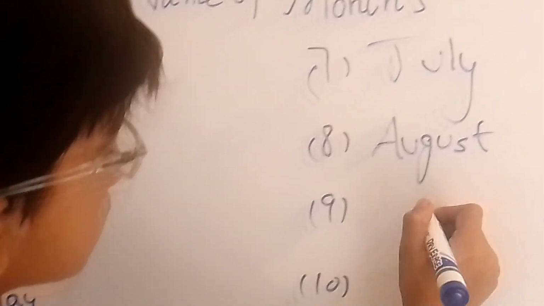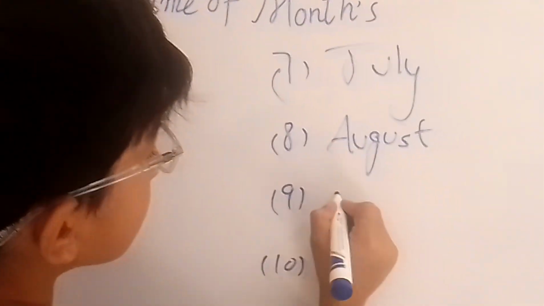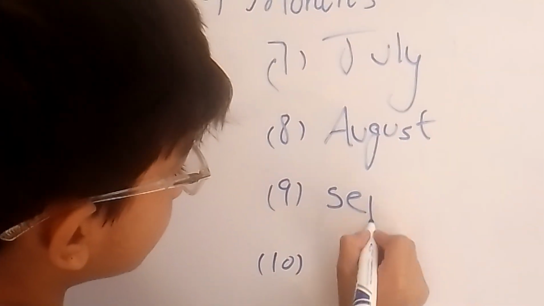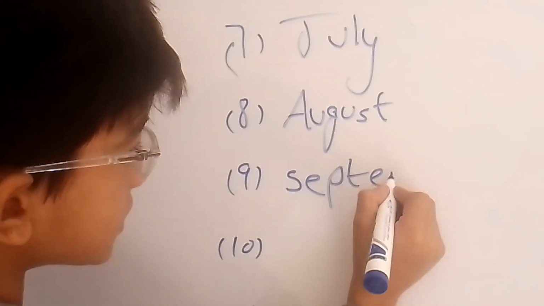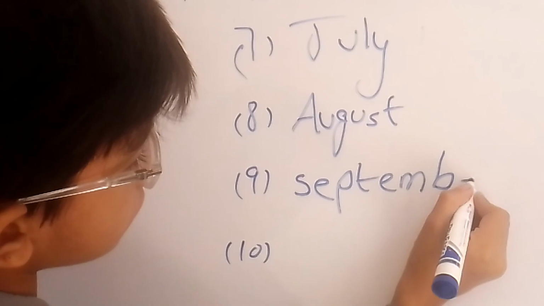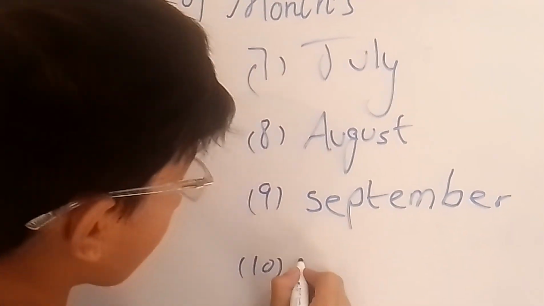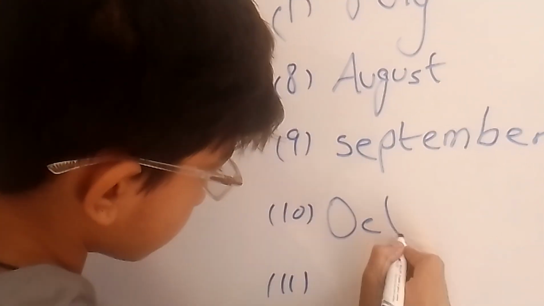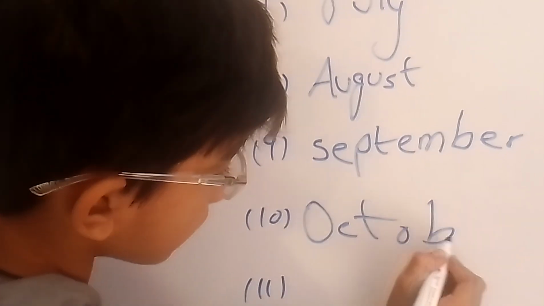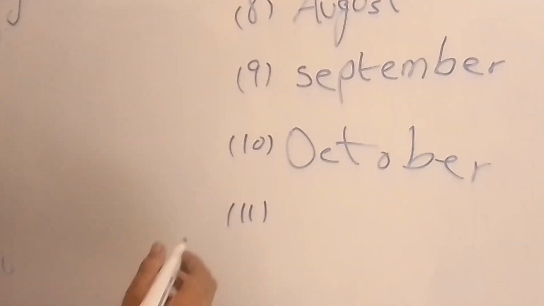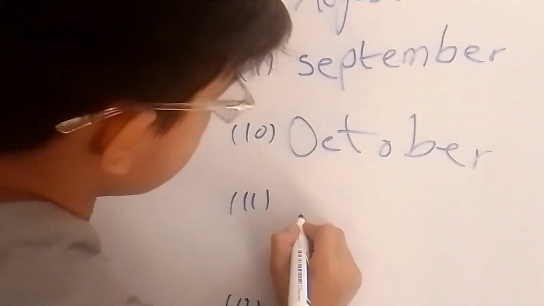After August is September. After September there is October. And after October there is November.